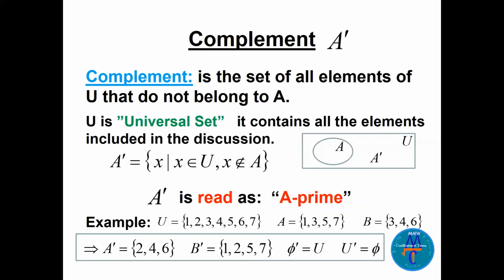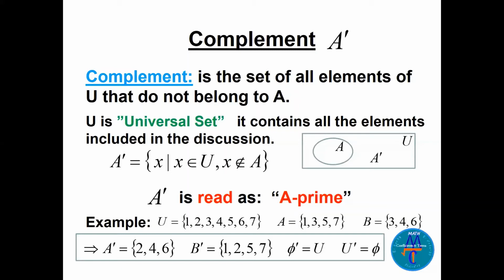It will be 2, 4, and 6. So that's A prime. A prime in U, remember, in U, not in A. Now B prime. In U, not in B. So 3, 4, 6 is the B. B prime: 1, 2, 5, and 7.